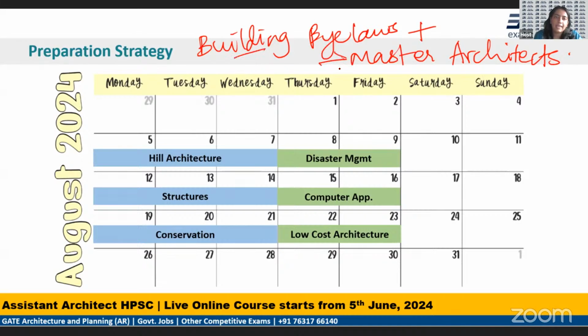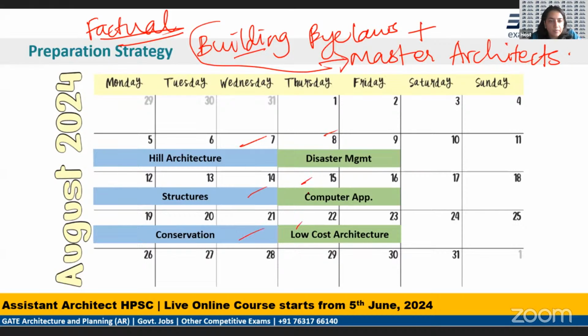Why do I say that give a separate dedicated 1 hour, 2 hours for these topics? Because if you see, these two are very factual based topics, right? There's nothing more conceptual about these two topics. It's completely factual. Whereas if you look at all of these topics, there is some conceptual understanding that is required.